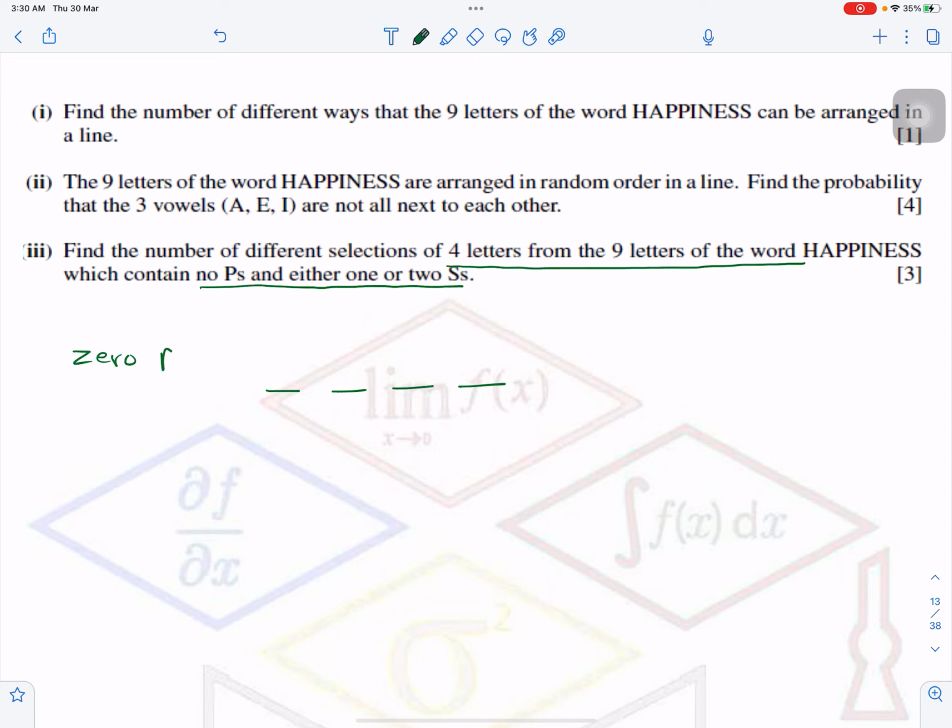Let me write the word happiness again here. Happiness. Okay, so now 0 P's with 1 S, or, meaning plus, we will add the answers later, 0 P's with 2 S's. So these are the two conditions I have to follow to find the number of ways I can select 4 letters.